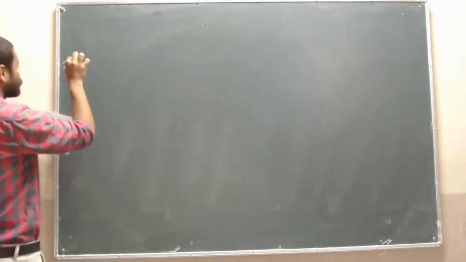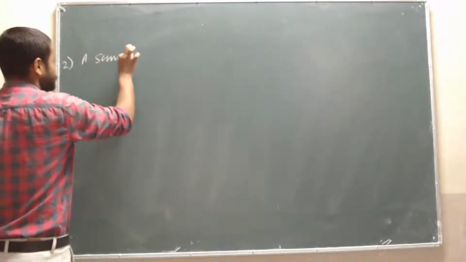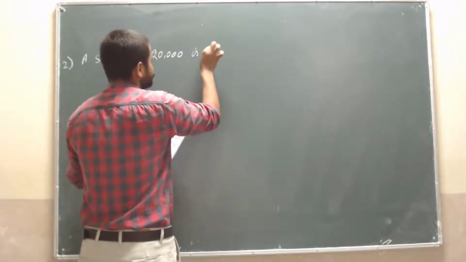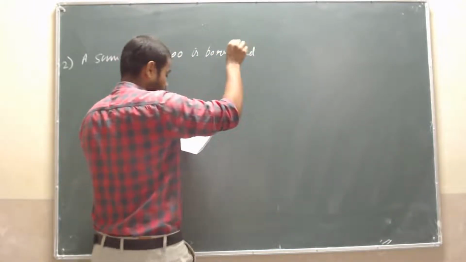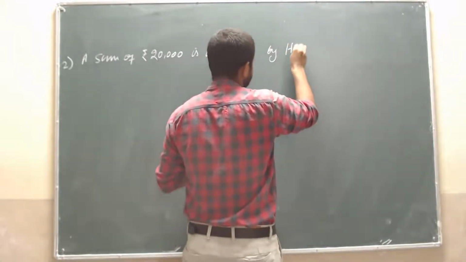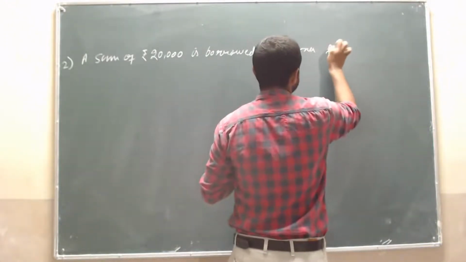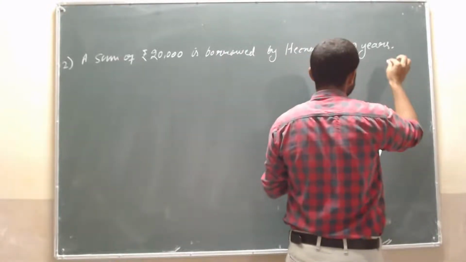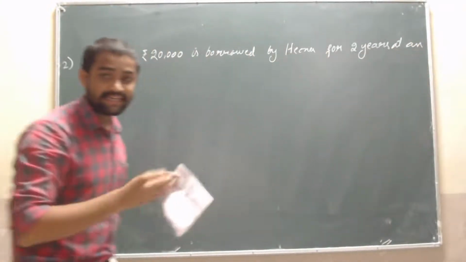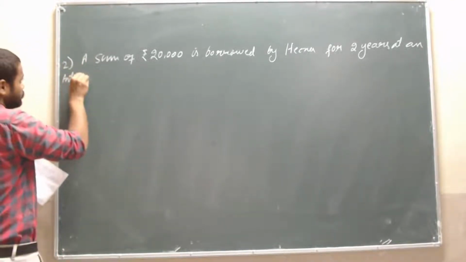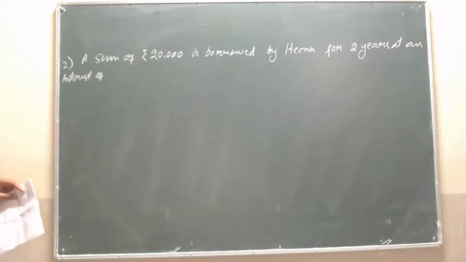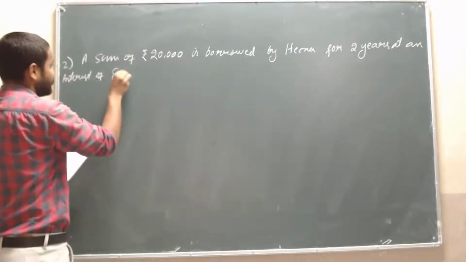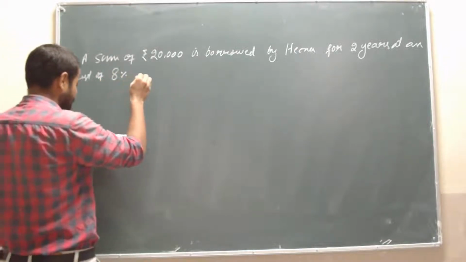A sum of 20,000 rupees is borrowed by Hina for 2 years at an interest of 8% compounded annually.